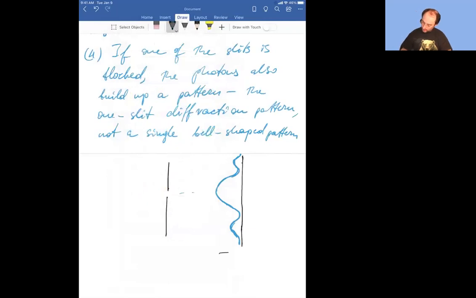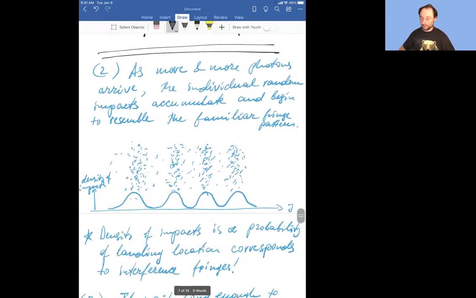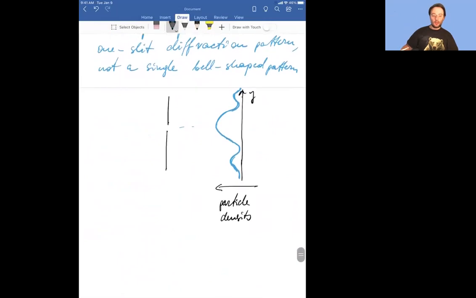What I'm plotting here is particle density versus the y-axis, same as what I've been plotting here, for example. So what does all this mean?